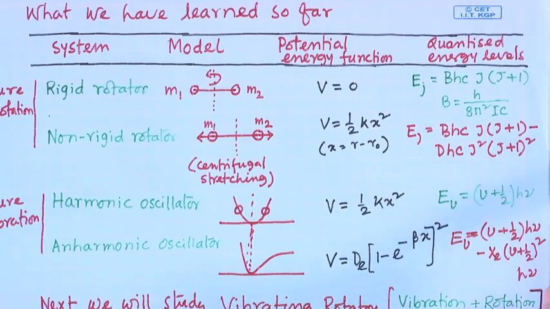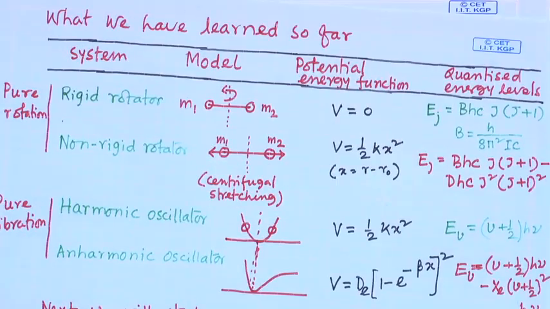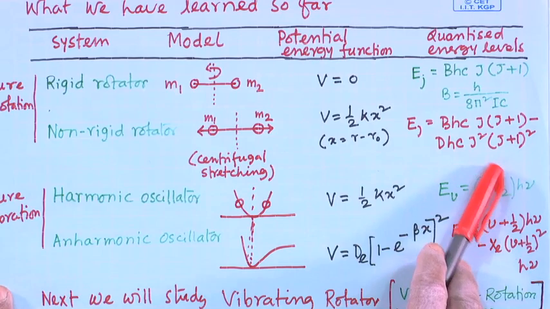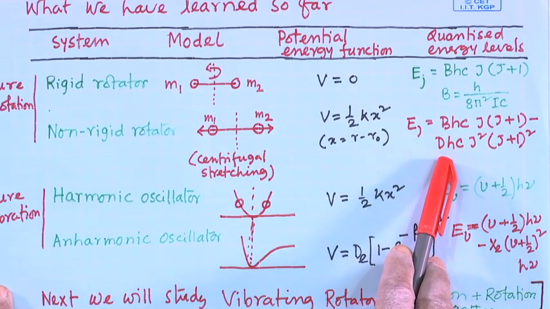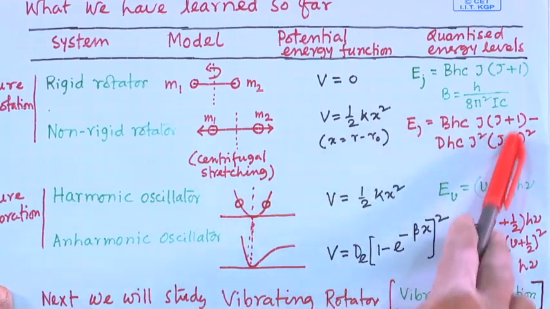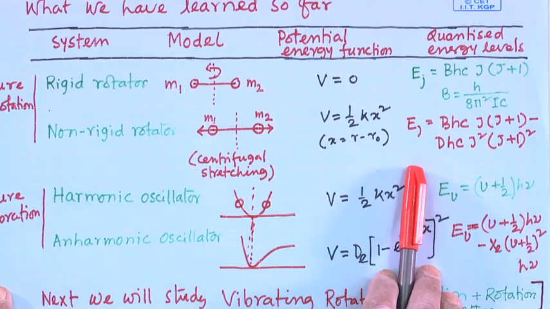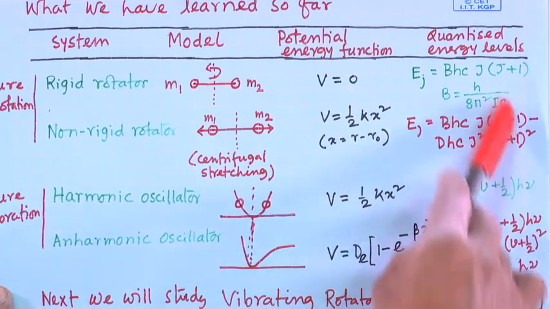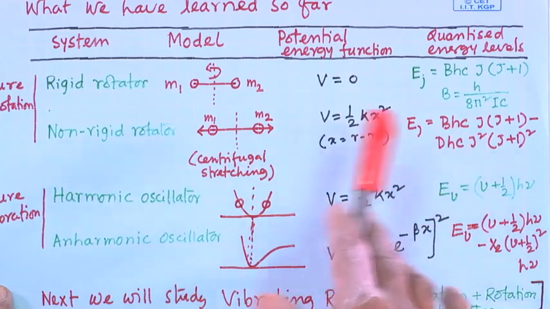There will be higher terms also, but we have kept up to the J square term. D is called the distortion constant, and this asymmetry will come in the spectra. These are pure rotation.